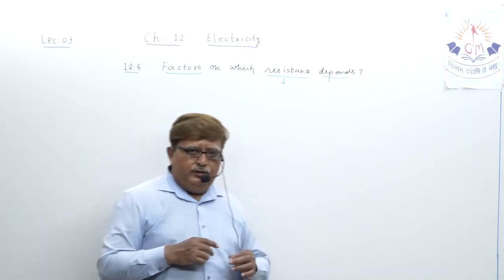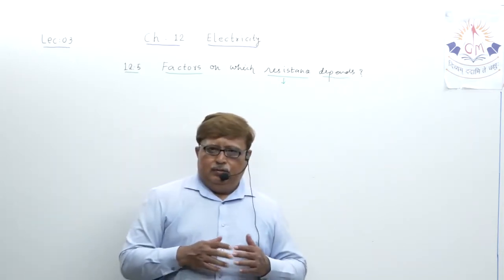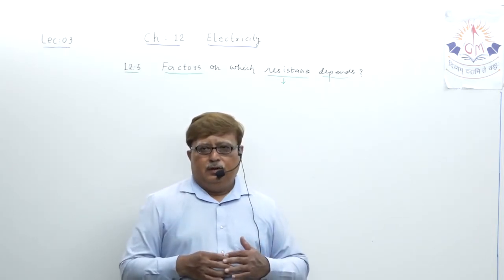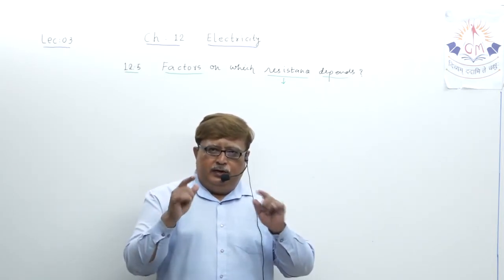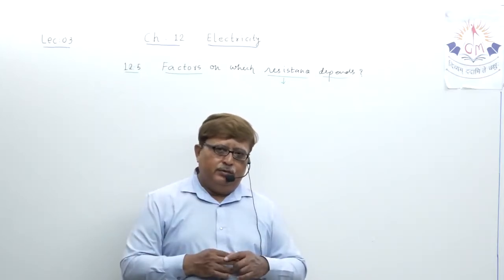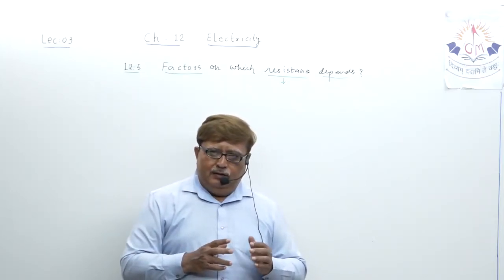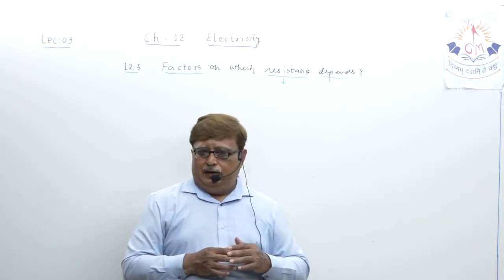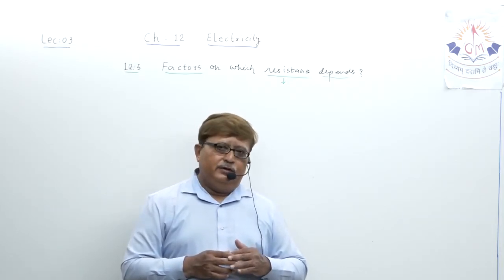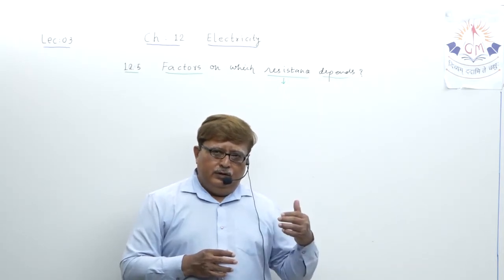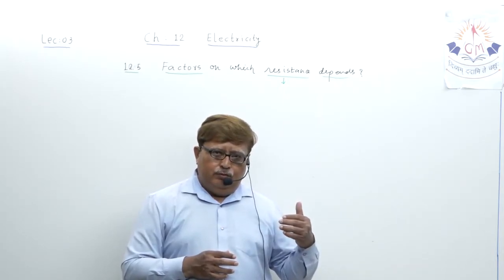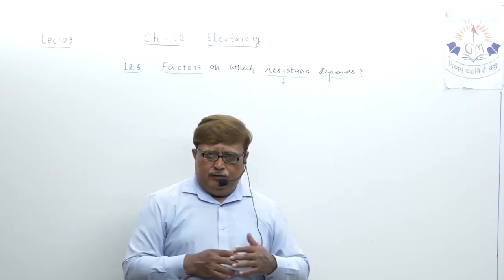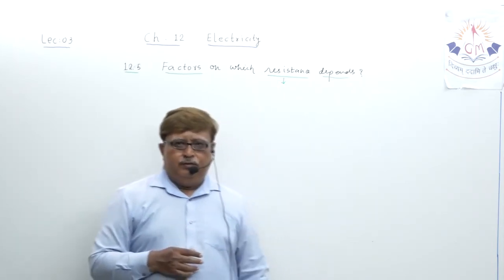I am not repeating that diagram again, but I have shown one conductor with some atoms, ions and free electrons. At that time I told you that when electron passes through a conductor, it constitutes electric current, that you all know.